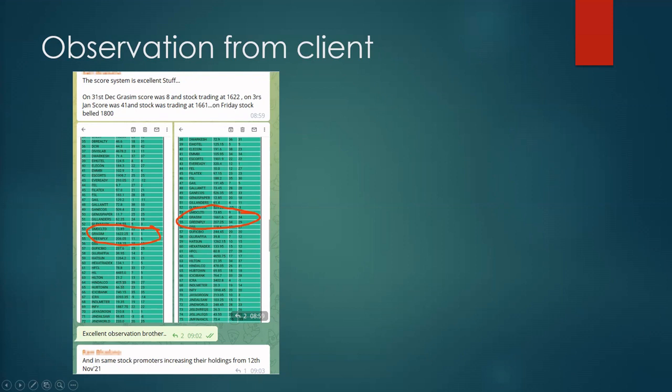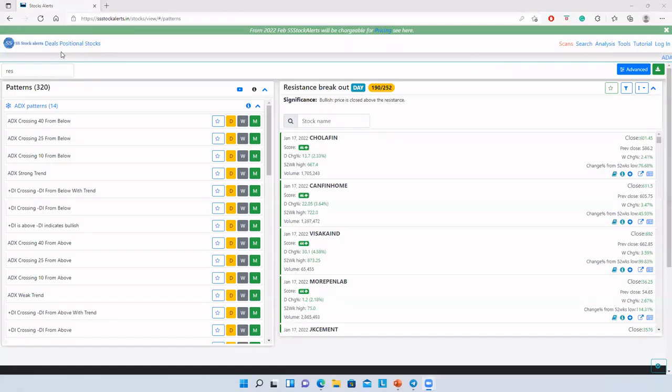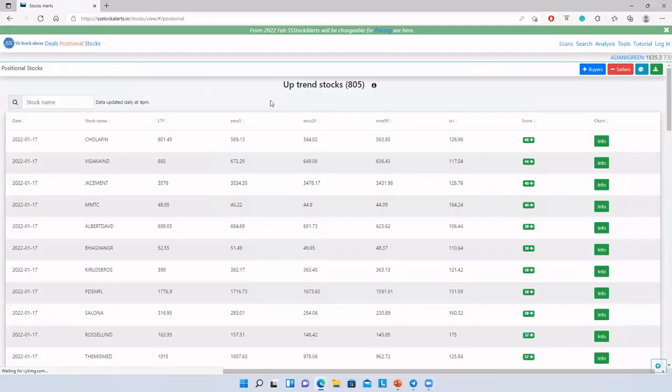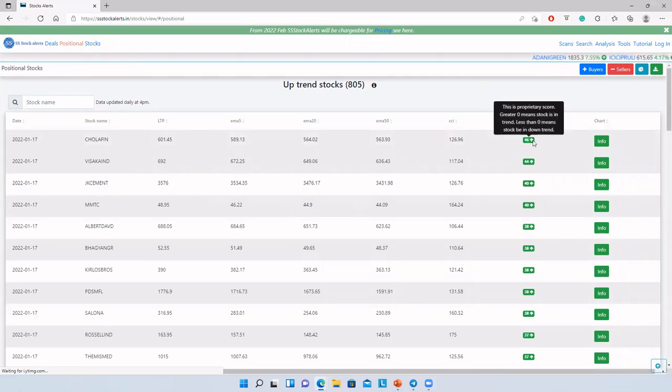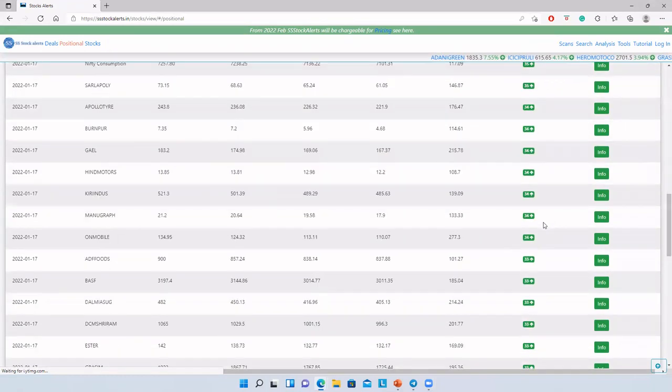Let me go to the website to show the real usage. If you come here and go to the positional, you can see the score here. The up arrow indicates the score has improved from the last trading day, and there might be some down arrows.